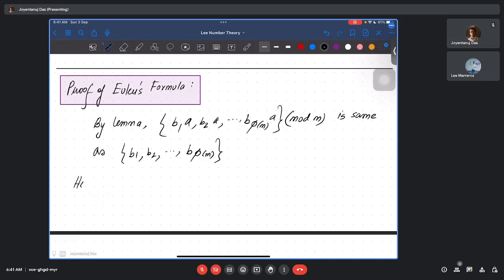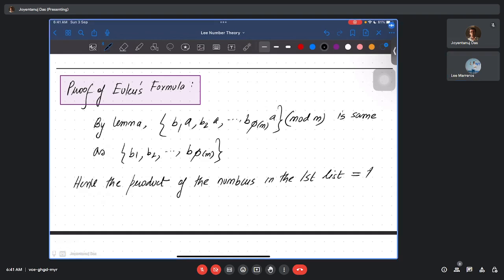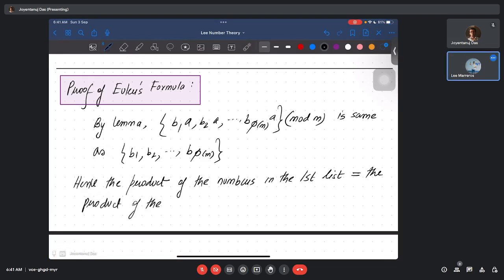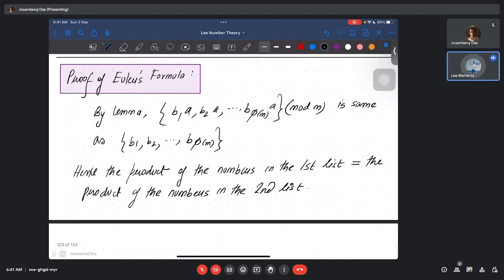Hence the product of the numbers in the first list is equal to the product of numbers in the second list, because they are just a rearrangement of each other.